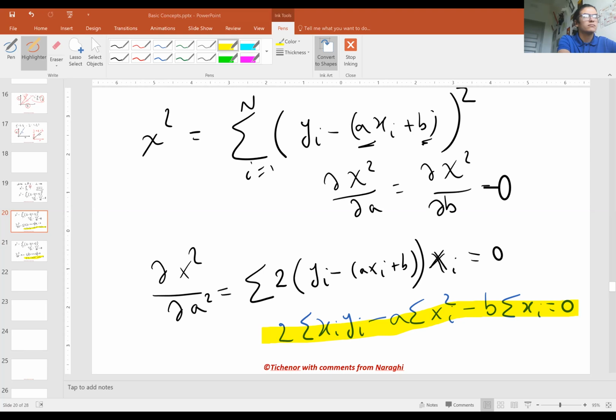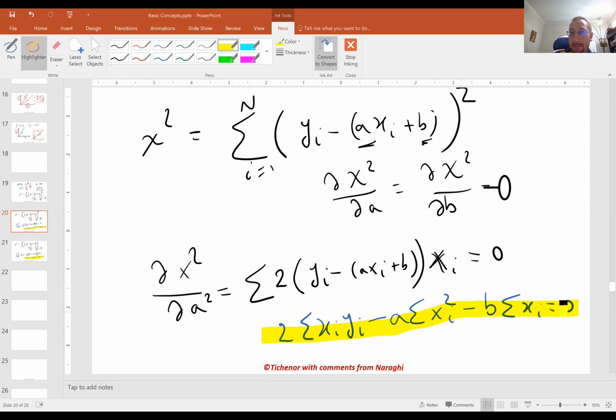And actually, if you look at your lecture notes, A and B can be calculated in terms of these sums: Sxy, Sxx, Sy, Sx. These are the terms that we have here.